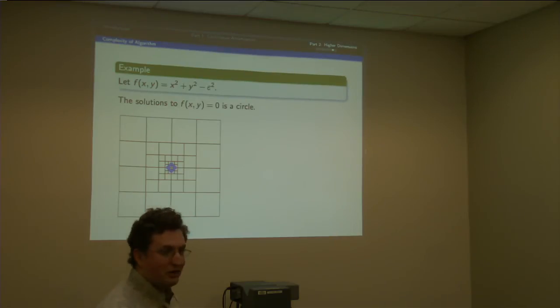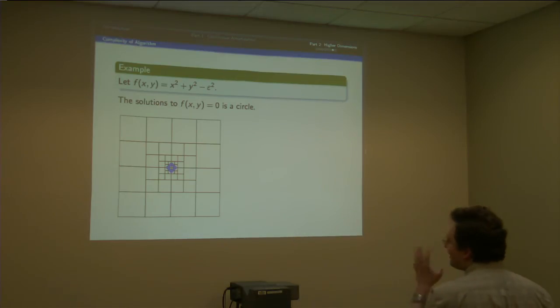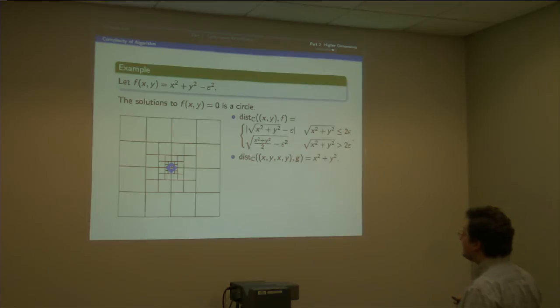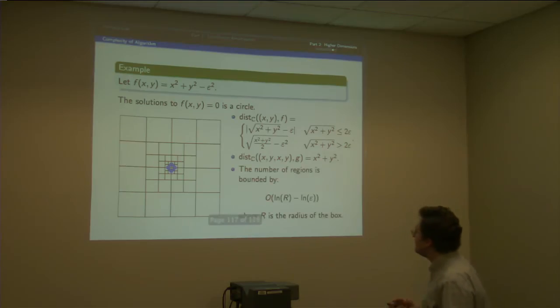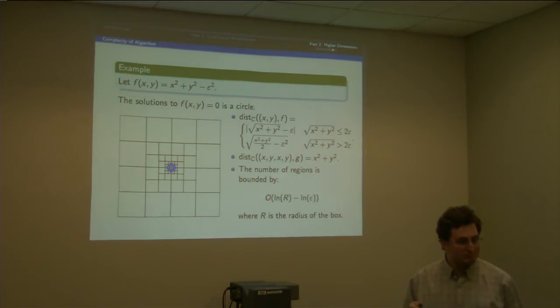And if I do a small circle, all you get is a little dot in the middle. So this is sort of in between. We can see that we get smaller and smaller things here. The distances to the function and that g function, those varieties, are a little more complicated, not too bad. You do it again, you get log r minus log epsilon. Very nice.